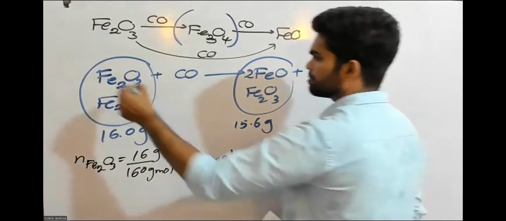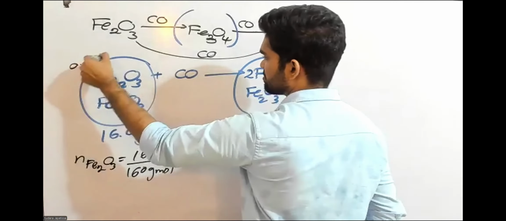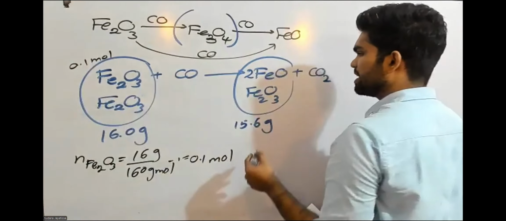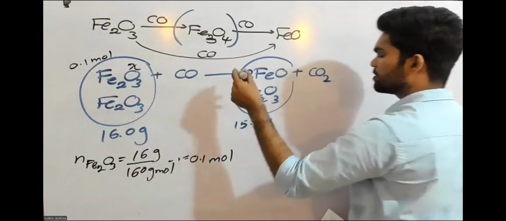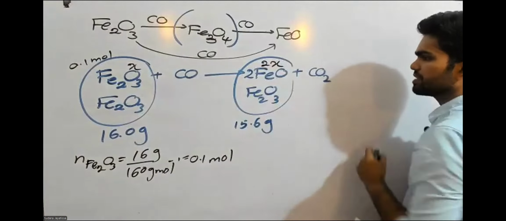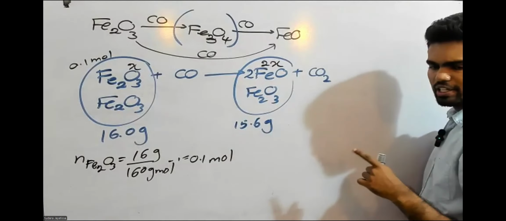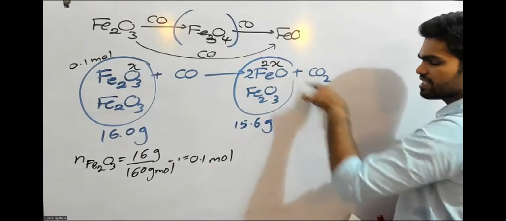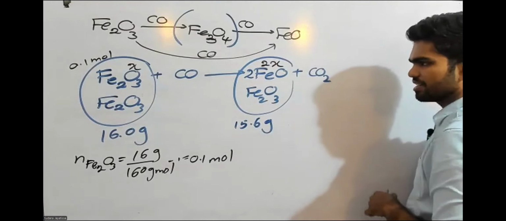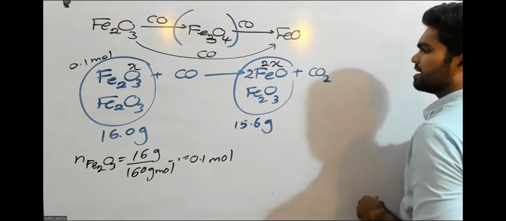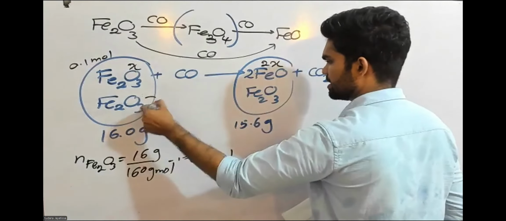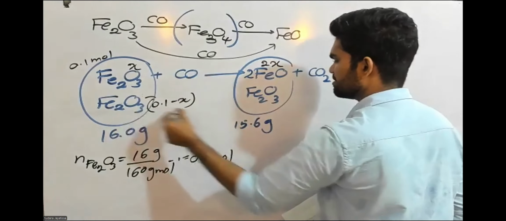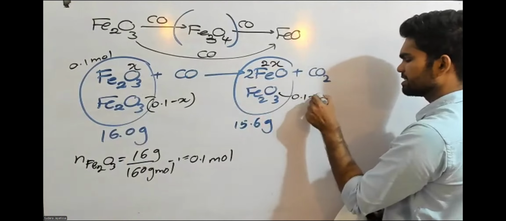Okay, so this is 0.1 mole. Let's say from that x amount is decomposed. Then you will be having 2x moles of FeO. So some of you got a different answer because of not considering this. Okay. And here 0.1 minus x will be there without undergoing any change.